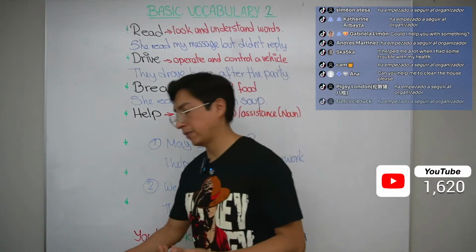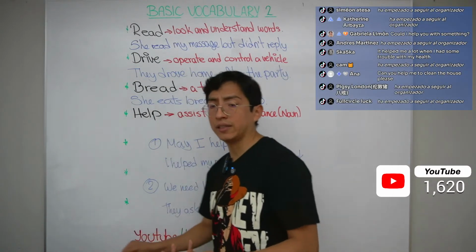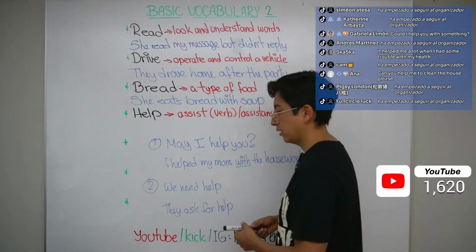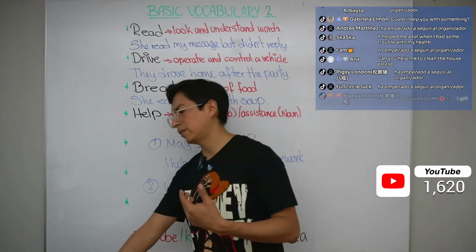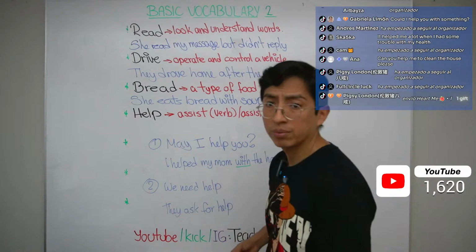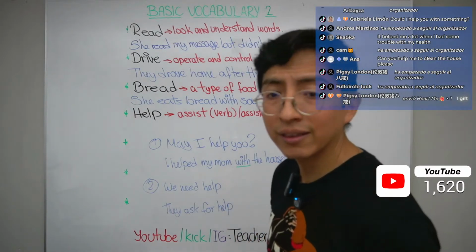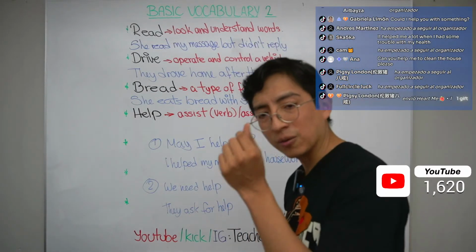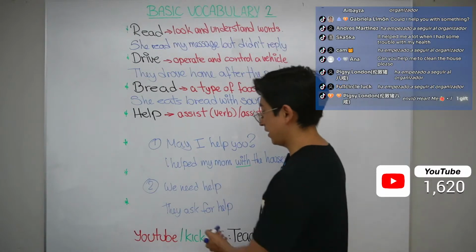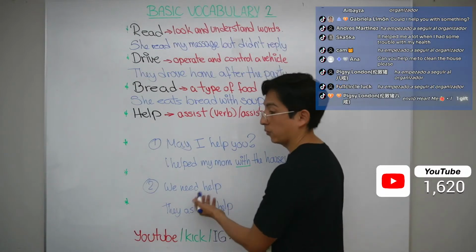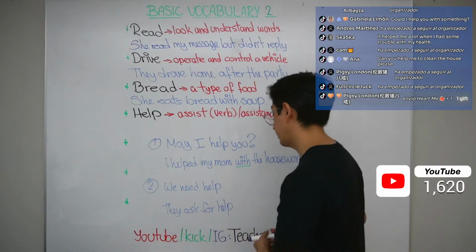Okay, they ask for help. What does it mean? That they are telling everyone they need help. Yep, that's the idea. Okay, thank you very much, Pixie. Thank you. Okay, they ask for help. Okay, we need help. They ask for help.